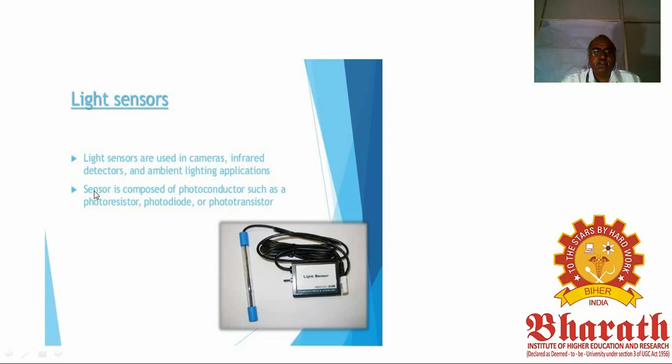These sensors mostly use a semiconductor device, which is a photoconductor, so that there is variation in either resistance or conduction.